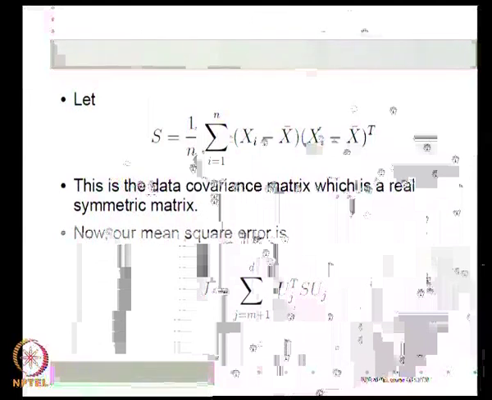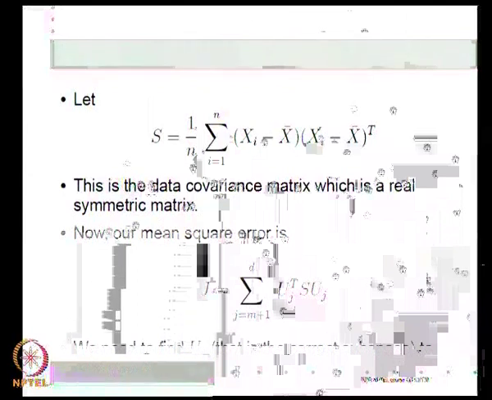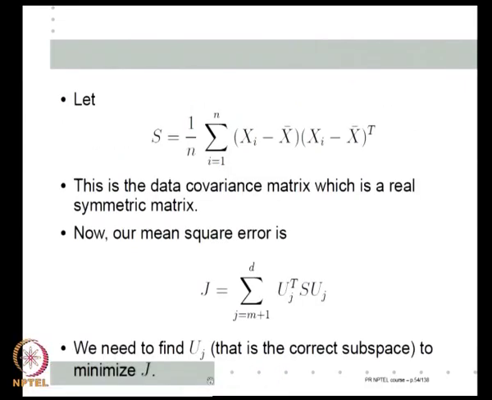So, my job now is to find Uj's to minimize this. Finding Uj's is the same as finding the correct subspace to minimize J. So, what we need to minimize is essentially a quadratic form of a matrix with respect to a vector.